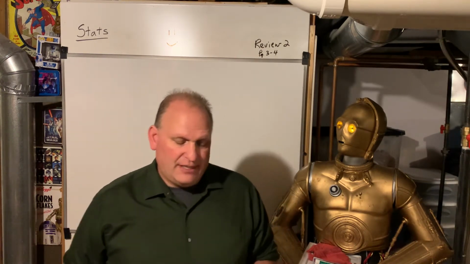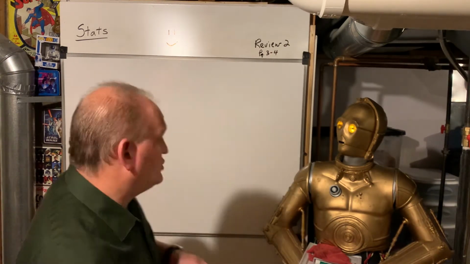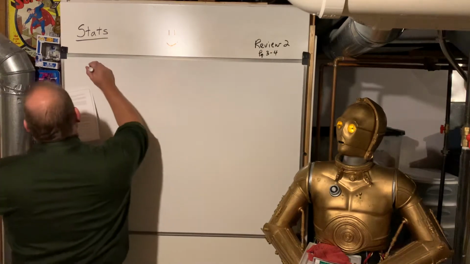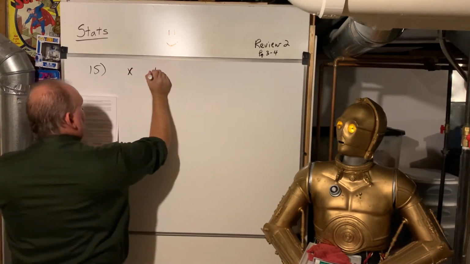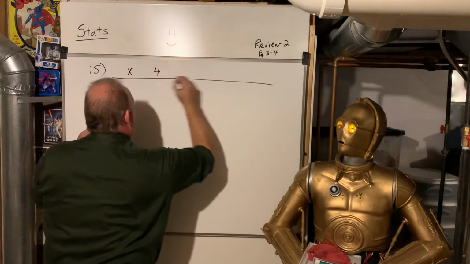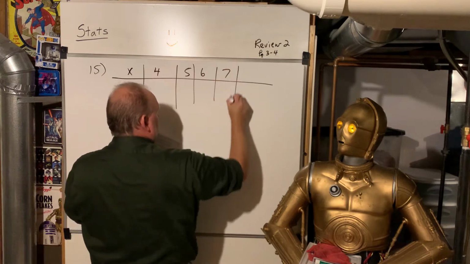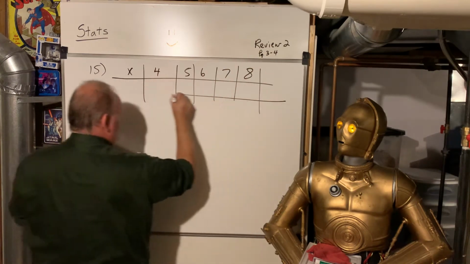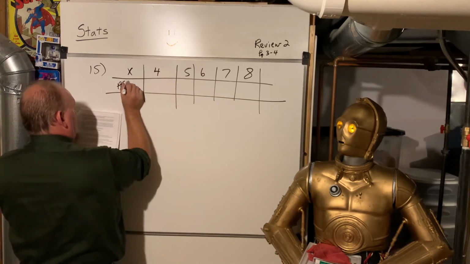Find the probability the tutor sees 8 in an hour and fill in the probability distribution. The probability distribution looks like this. You have a list of the outcomes going across the top. Since this is people being seen, this would be a discrete, not a continuous.